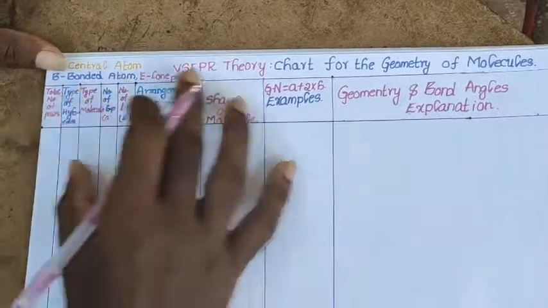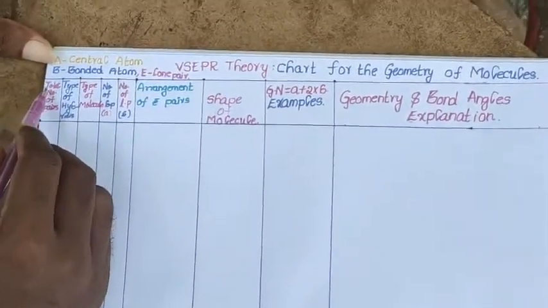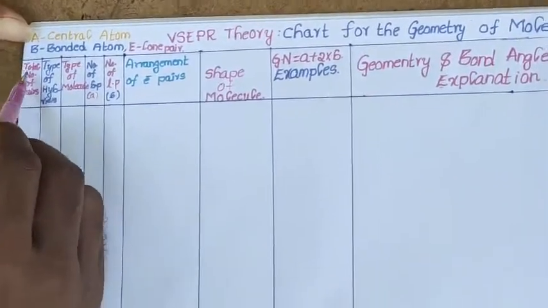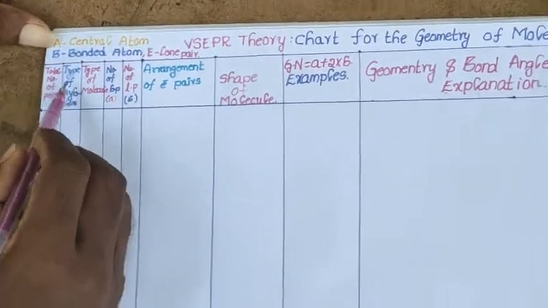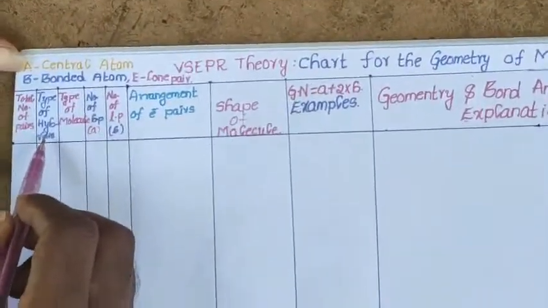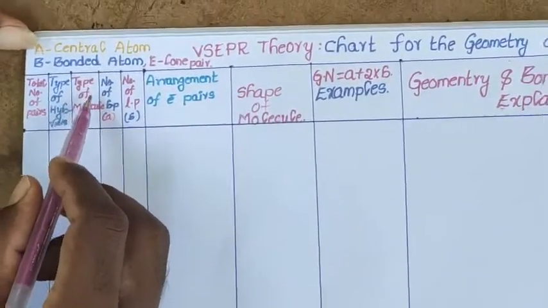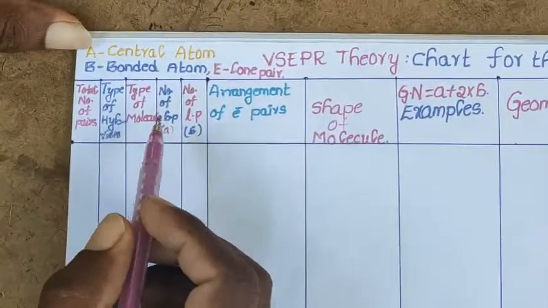I will write some columns. First one is total number of pairs. Next column is type of hybridization. Third one is type of molecule.